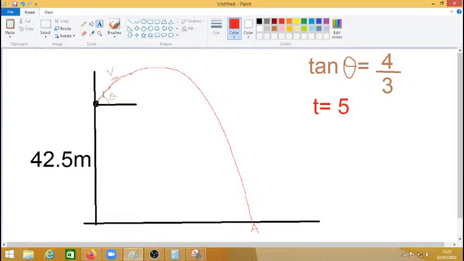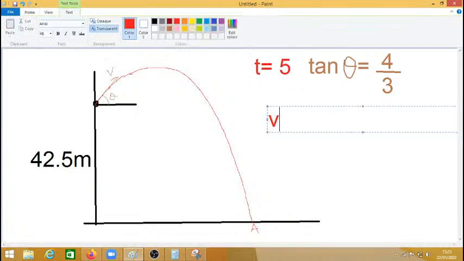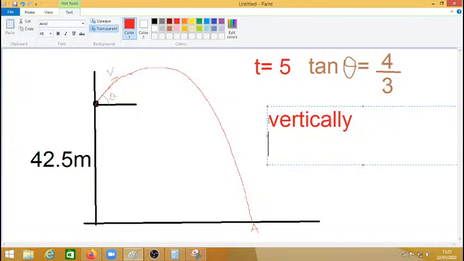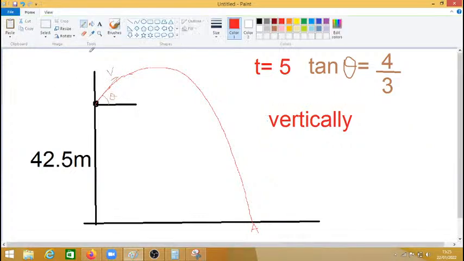Okay, question number 1 is to work out V. So let's see what we know. Let's try to look at it vertically. So looking at it vertically, the initial speed vertically is V sine theta. Hopefully you're comfortable in splitting this. That would be V cos theta, and going upwards would be V sine theta.